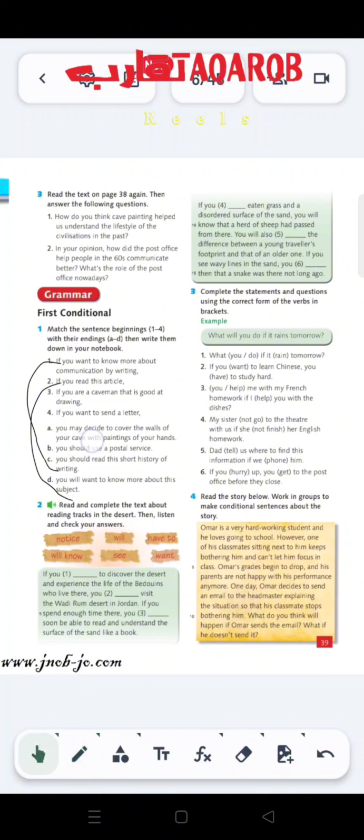Now, number 3, if you are a caveman that is good at drawing, what is the suitable main clause from here? Is it A or B? Yes, the answer is A. So 3 is with A. You may decide to cover the walls of your cave with paintings of your hands.